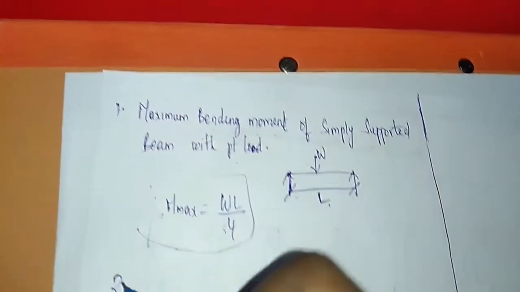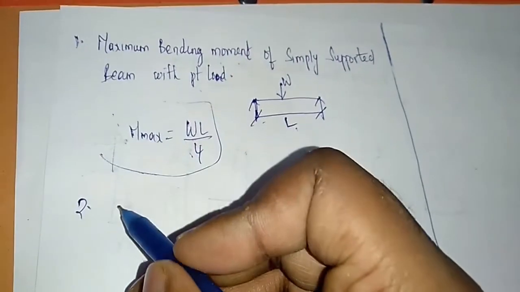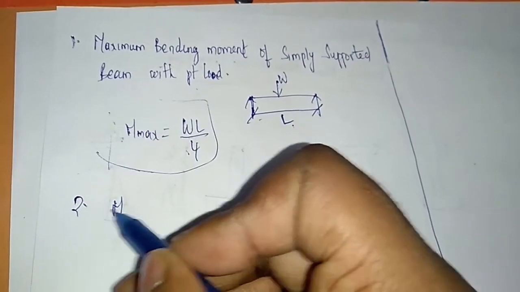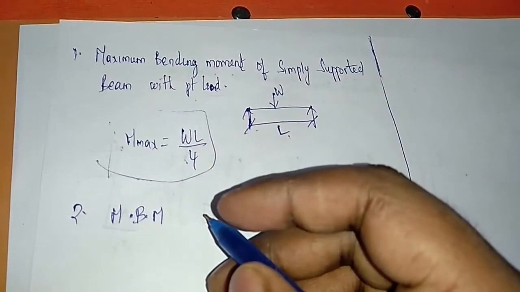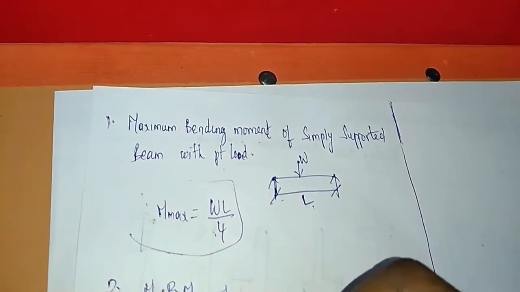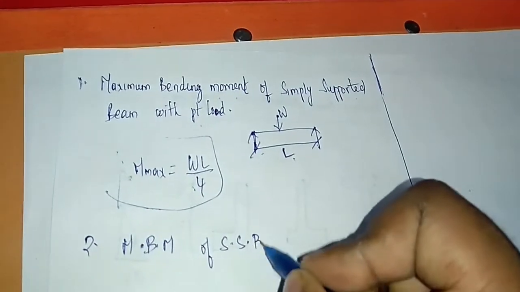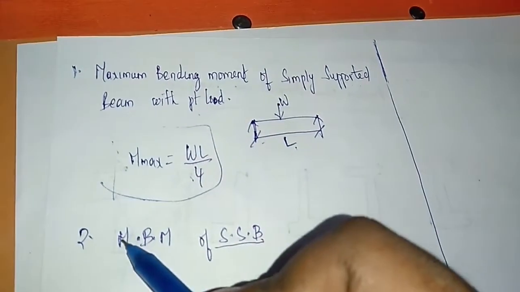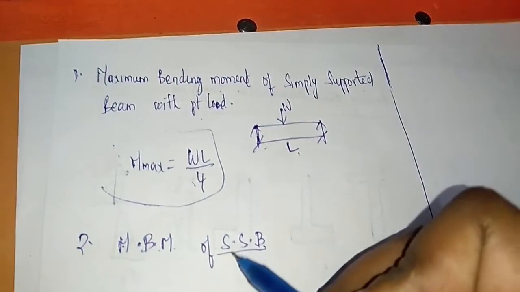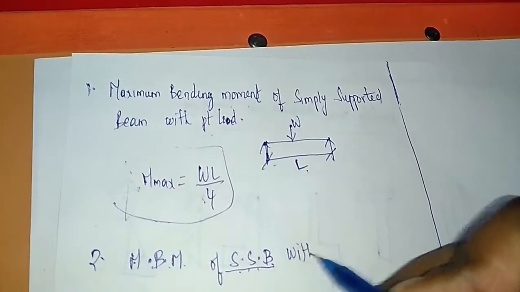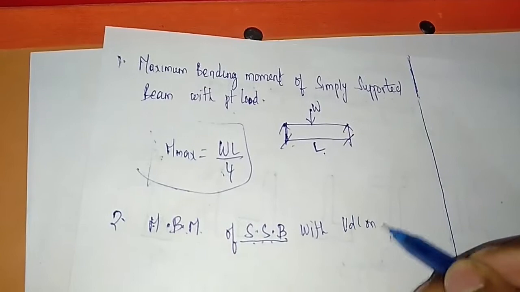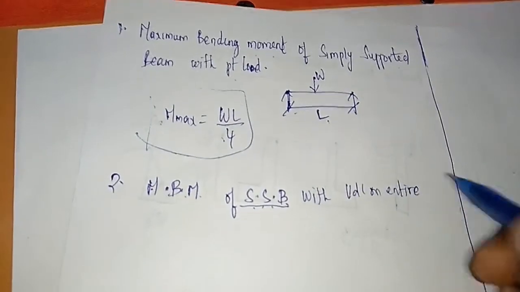Second case, maximum bending moment of a simply supported beam with UDL on the entire span.